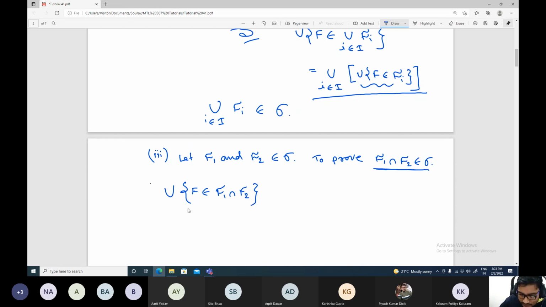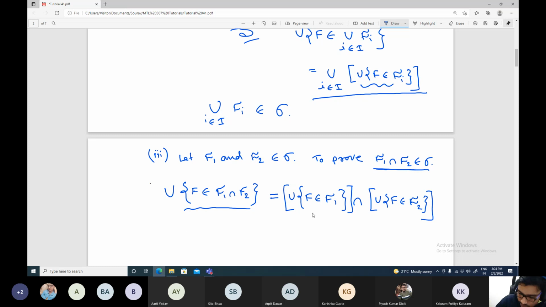Can we say that this set is open from this line only? No, right? So we need to break this set into two parts: the union of F belonging to F1, intersection the union of F belonging to F2.